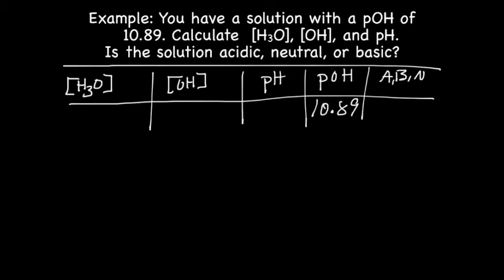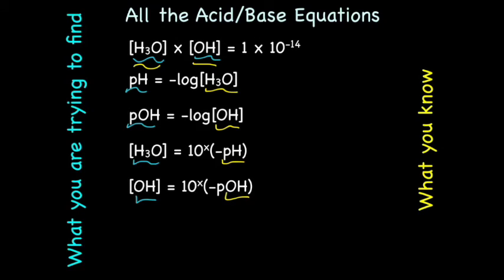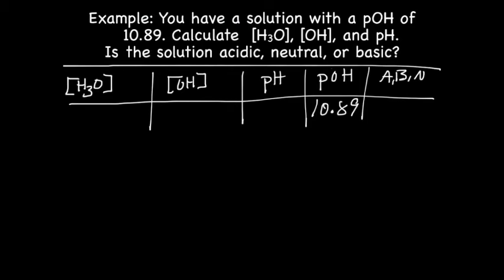10.89. So now we know pOH, so let's go back to our list of equations, and the stuff we know is on the right-hand side, and we know pOH, so we can use that equation there. So we'll have the concentration of OH equals the antilog of the negative pOH.